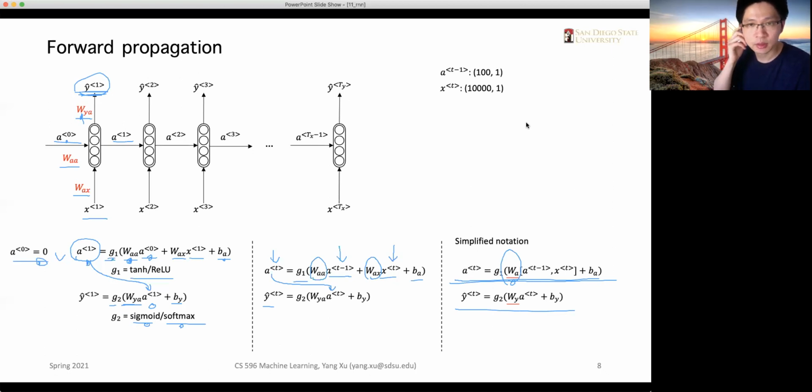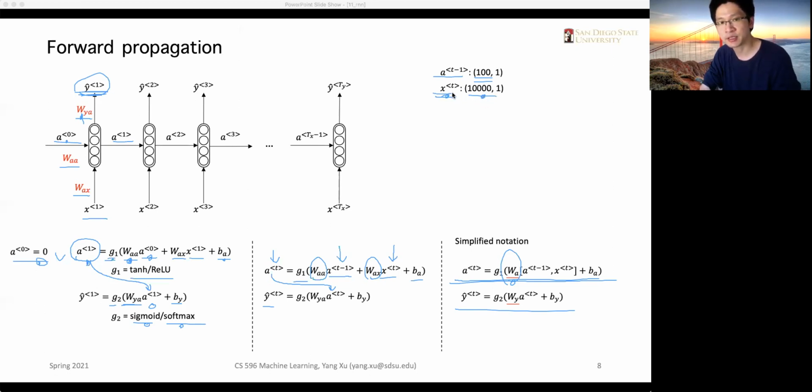Some typical sizes for the network could be like this. We can use an activation size of 100, so the activations can be a 100-length vector. And each time step input could be longer, for example 10,000.